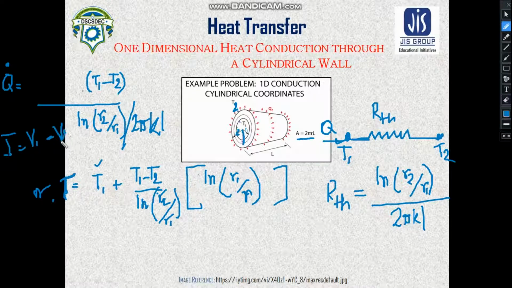Because of this potential difference, the electricity transfer takes place, and here because of the temperature difference heat transfer takes place. So this is your electrical resistance and this is your thermal resistance. Thermal resistance in the case of cylinders can be found as this.